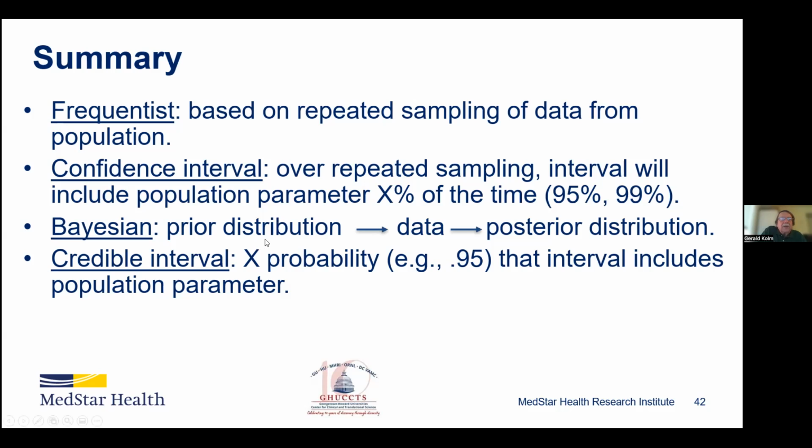But in Bayesian statistics, we're sampling from theoretical distributions. And so that's one of the criticisms of Bayesian statistics, that you're making some assumption here about the prior distribution. But there's a whole literature on the implications of making certain decisions about what the prior is.